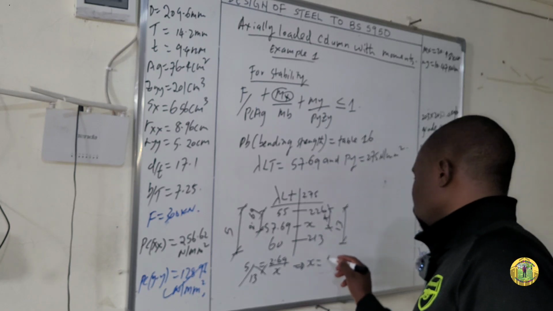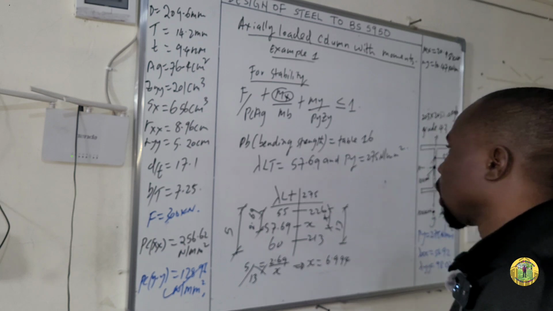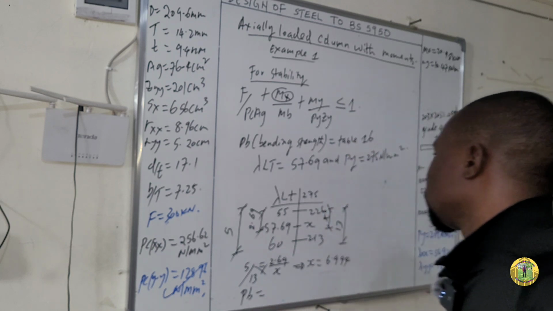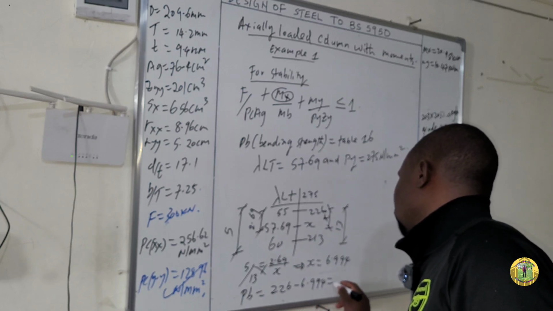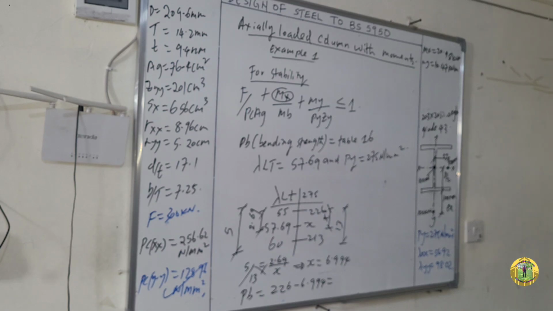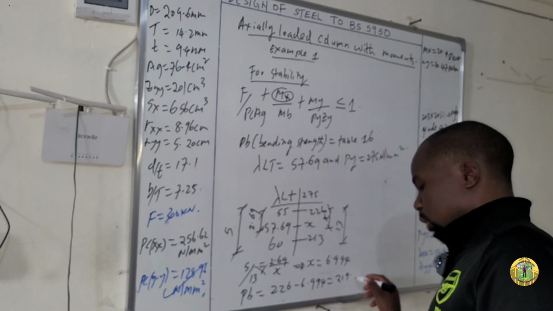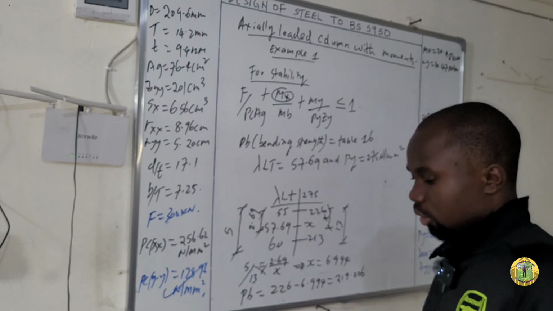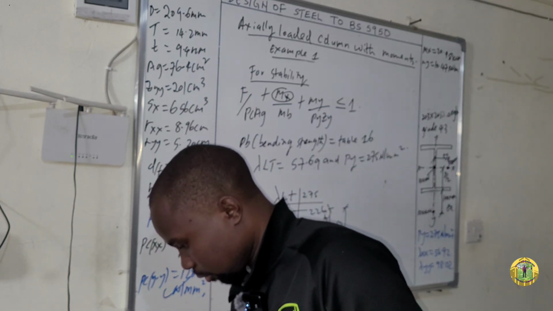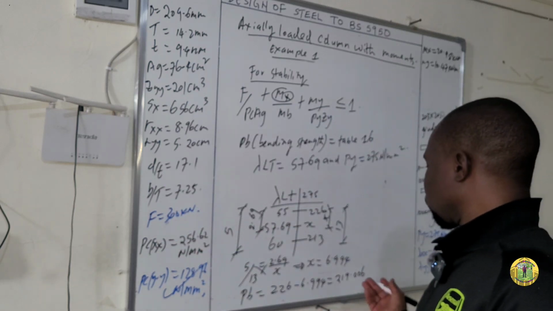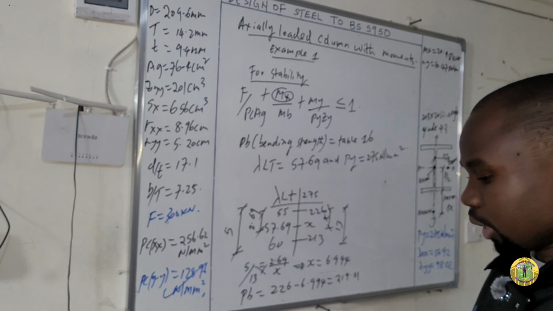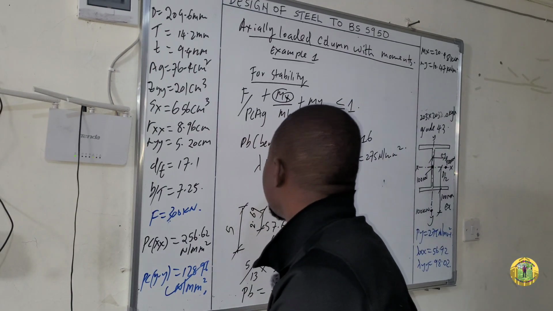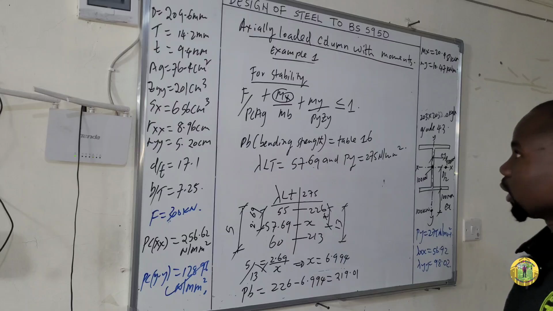So this is 6.994. So the PB is equal to 226 minus 6.994, which is 219.006. So you can say 219.01 like that.